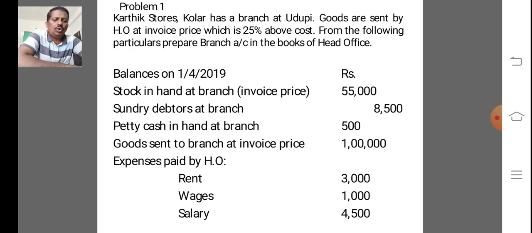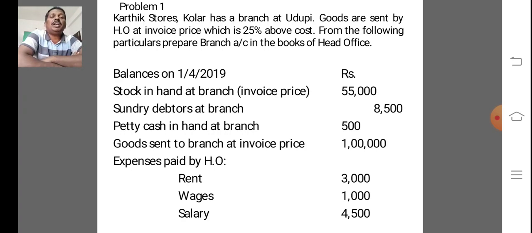Here the load price will be included only for four items in the branch account, namely opening stock of goods at the branch, goods sent to the branch, goods returned by the branch, and closing stock of goods at the branch.